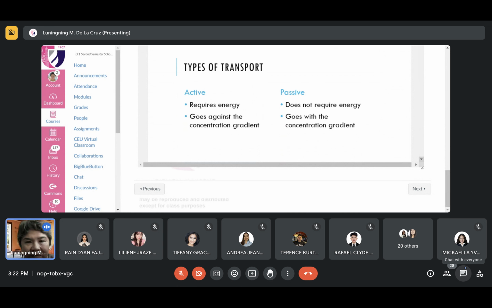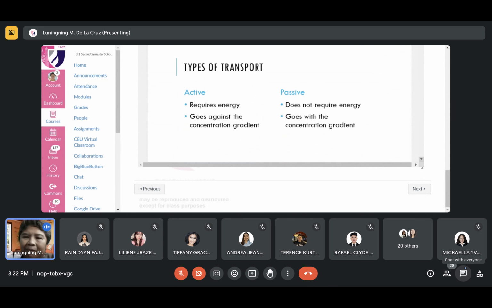We have the active transport and the passive transport. Active transport requires energy and goes against the concentration gradient, while passive transport does not require energy and goes with the concentration gradient.